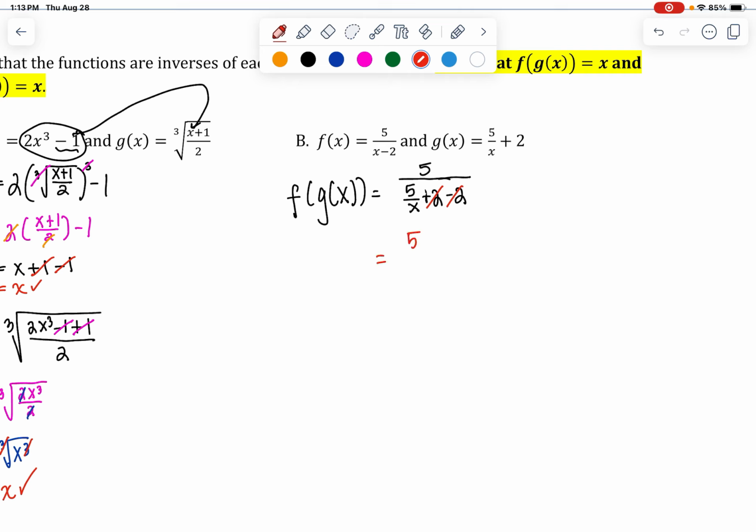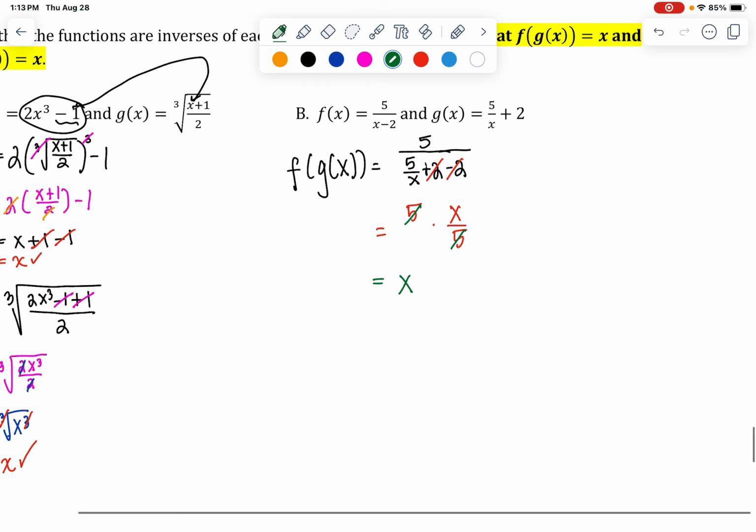Now you have 5 over 5 over x. So instead of dividing by a fraction, I'm going to multiply by the reciprocal instead. So instead of writing 5 divided by 5 over x, I'm going to do 5 times x over 5. And then 5 and 5 cancel, and I'm left with x.